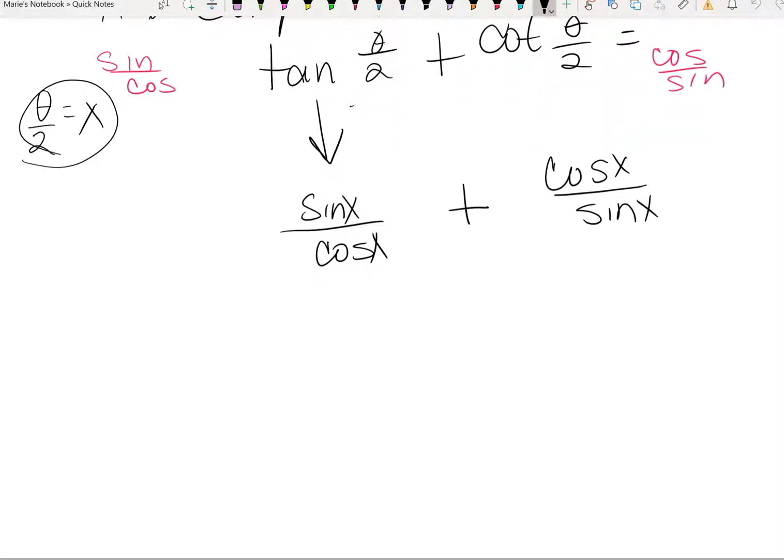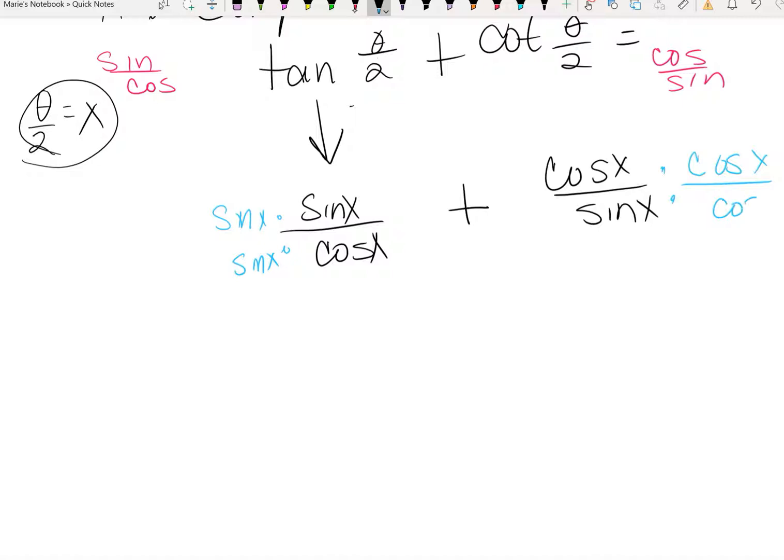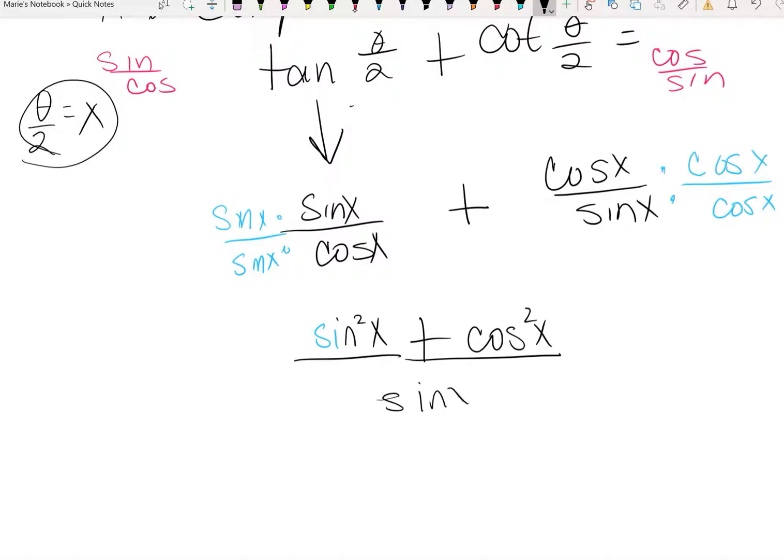If I obtain a common denominator, remember that I'm basically multiplying top and bottom on this side by sine x. On this side, I'm multiplying by cosine x, top and bottom. Okay? So what I end up with, technically, is sine squared x plus cosine squared x, and then over the fraction sine x cosine x.